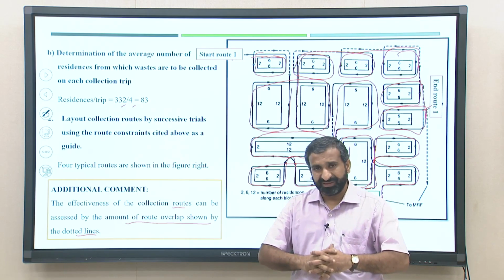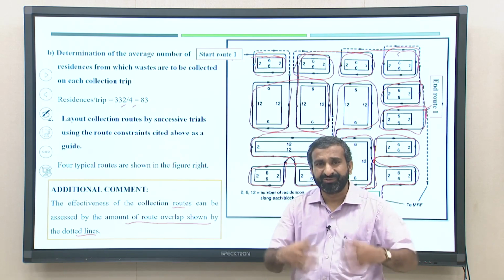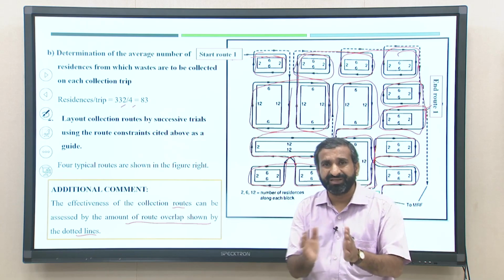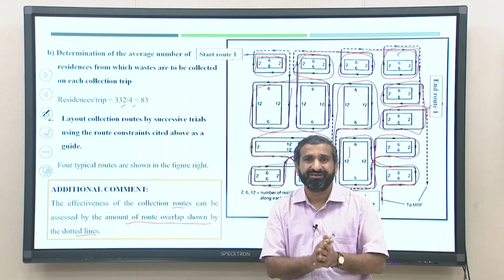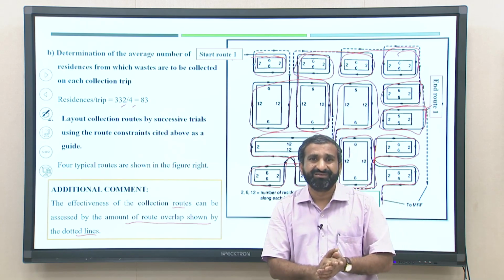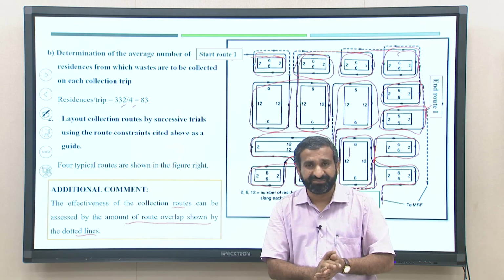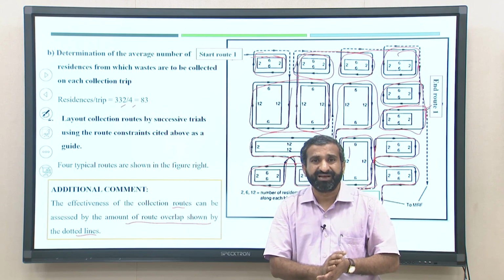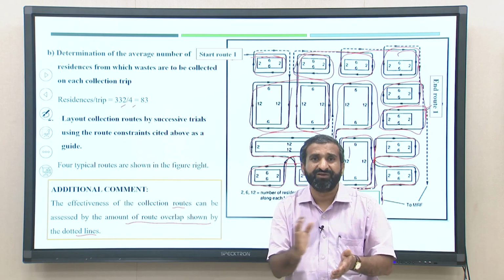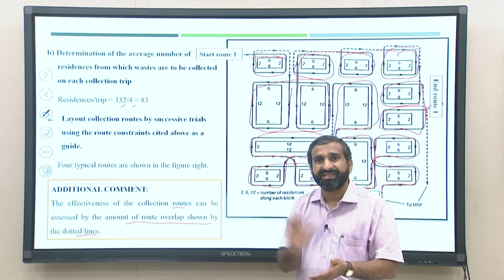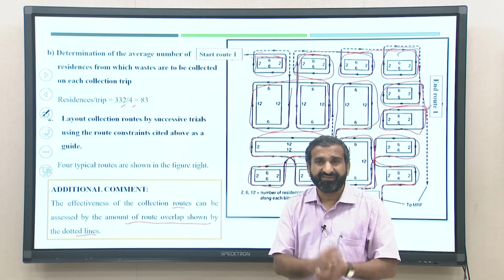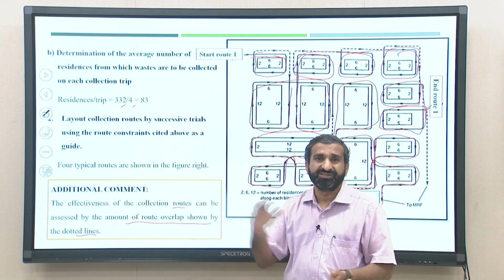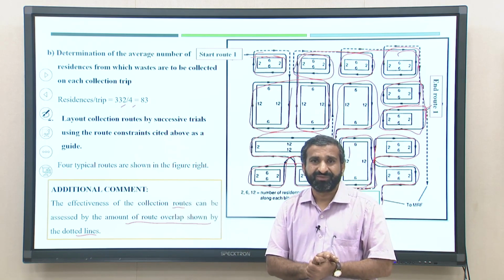I am sharing more on this because collection takes the maximum funds in waste management, and if you improve waste collection in an economical way or through proper planning, we can find some money for the treatment and disposal facilities also.